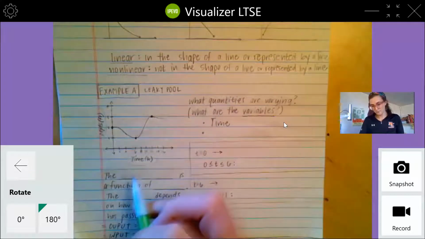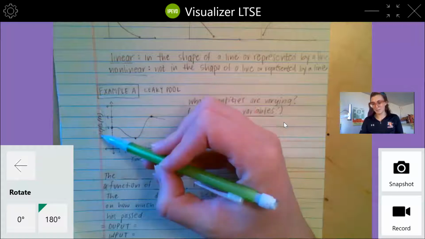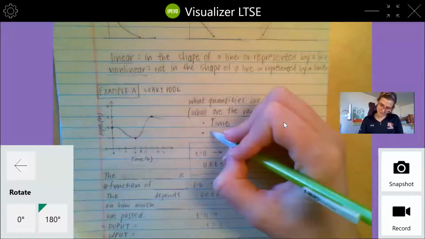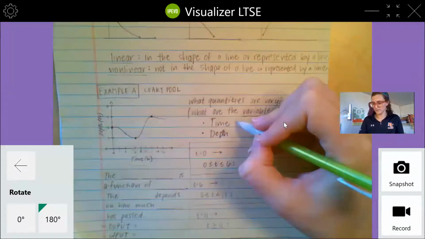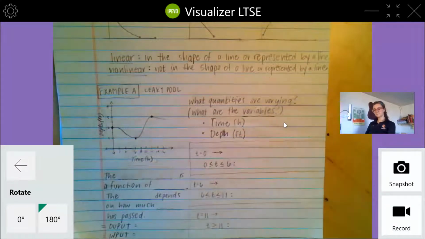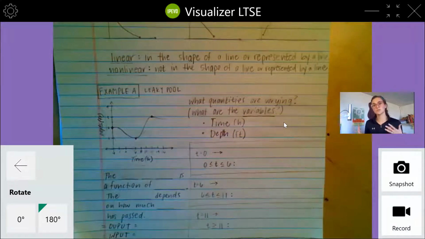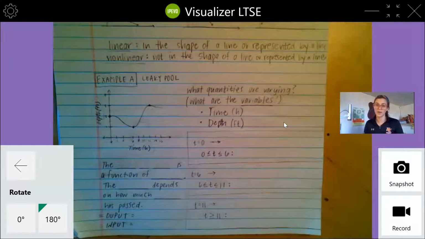And then our vertical axis is labeled as depth. So time and depth. Time in hours and depth in feet, okay? And let's talk about how those two variables relate to each other, okay?